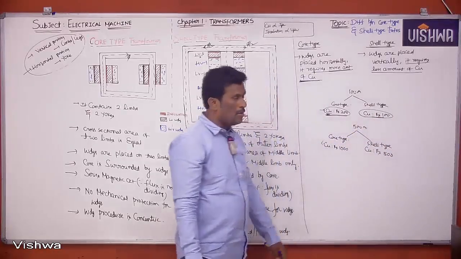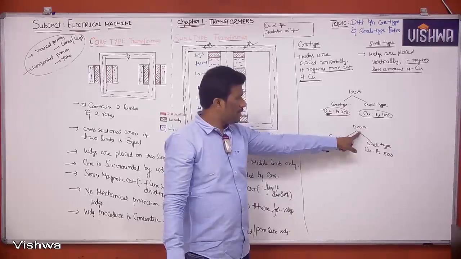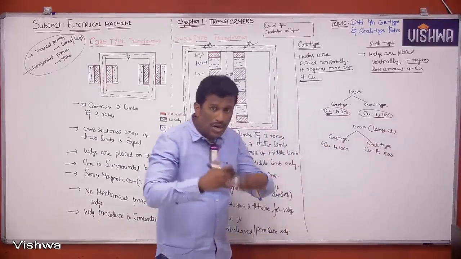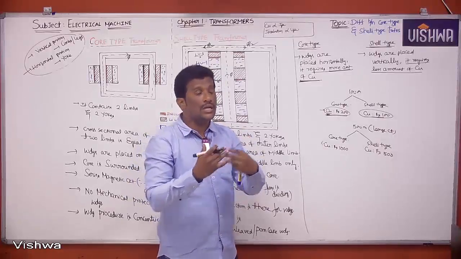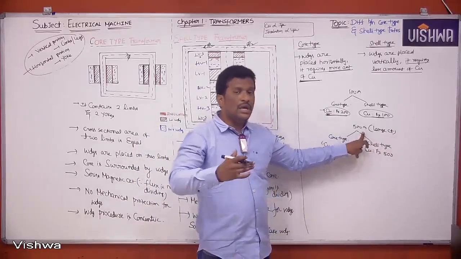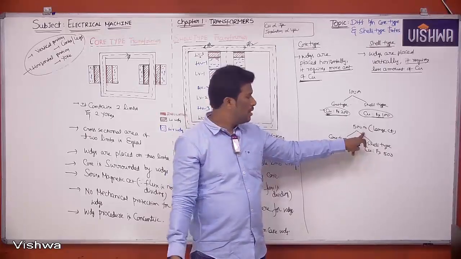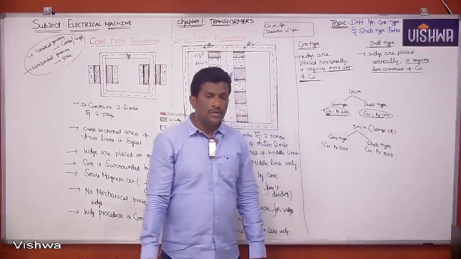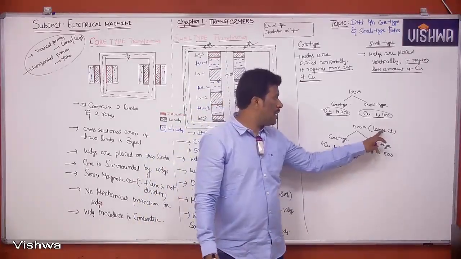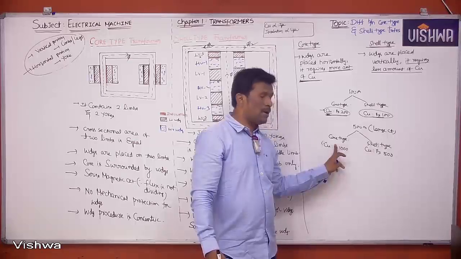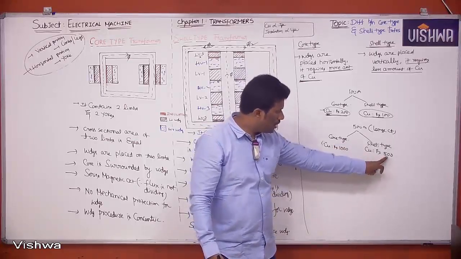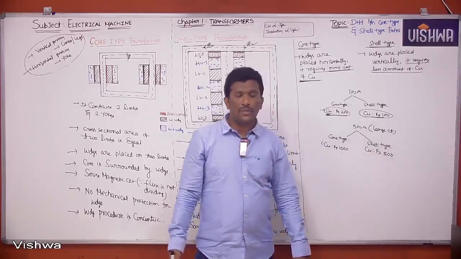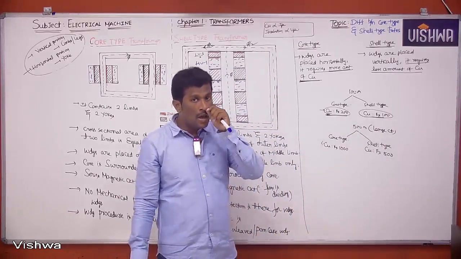Let me take this 500 amperes as a large current application. In our example, core type requires 1000 rupees, whereas shell type requires 500 rupees. So tell me, which one is economical for large current? Shell. Clearly visible, 500 rupees only, here 1000 rupees.